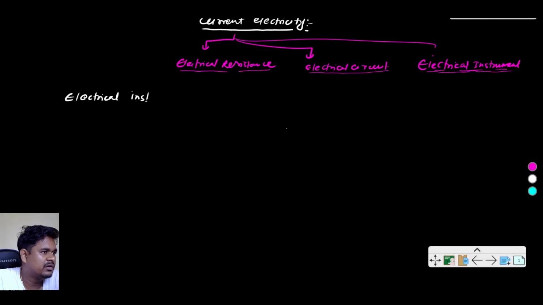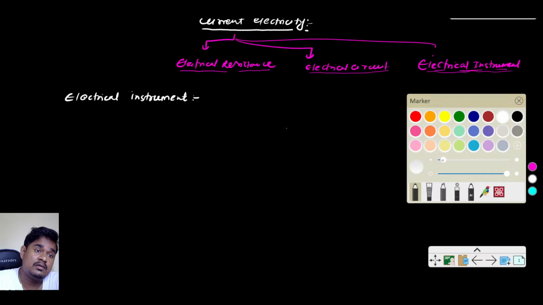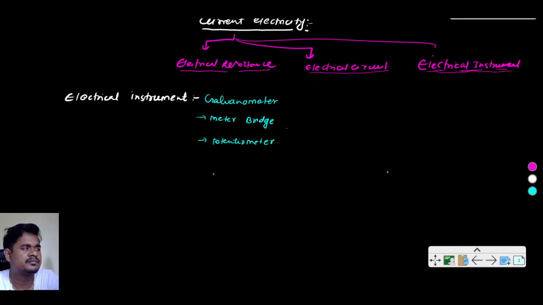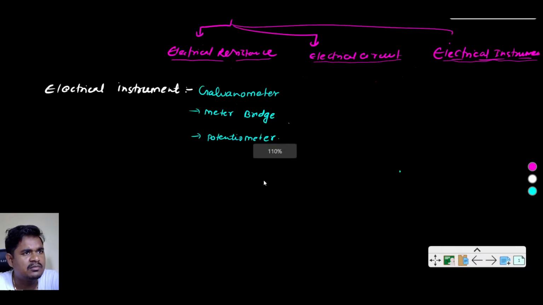In electrical instruments, we have first your galvanometer, then the meter bridge, then the potentiometer. Okay, galvanometer, meter bridge, and potentiometer.